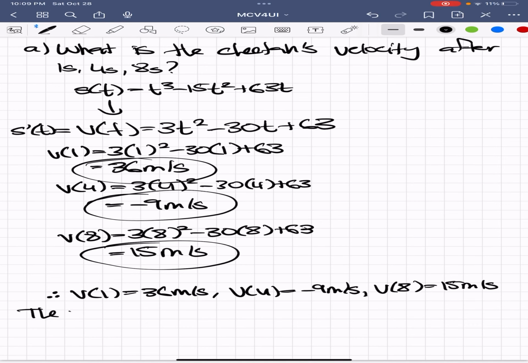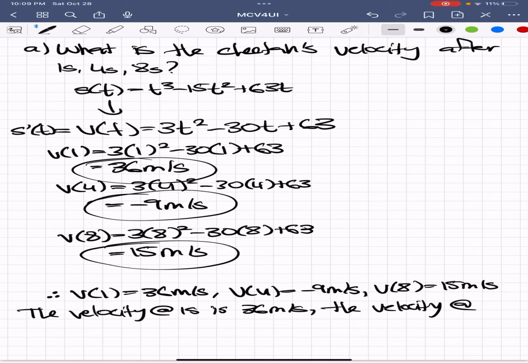So the velocity at 1 second is 36 meters per second. The velocity of the cheetah at 4 seconds is negative 9 meters per second.